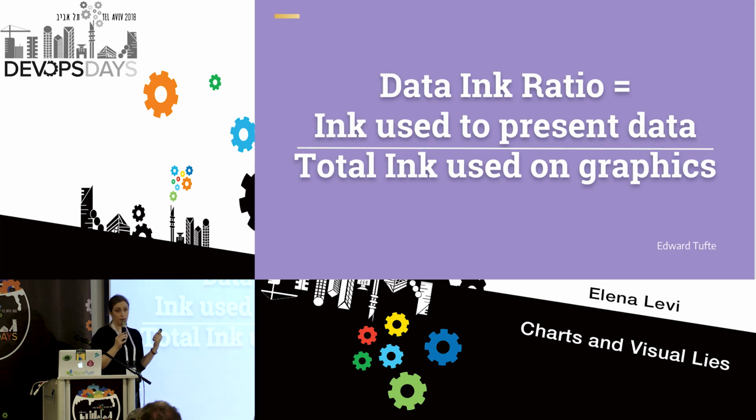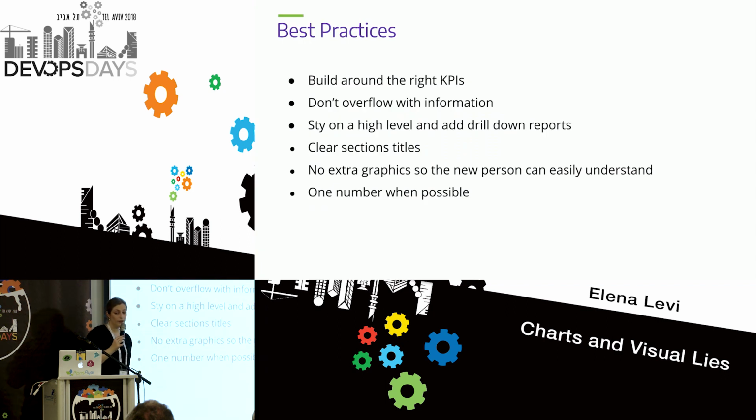There's actually a data-to-ink ratio. You want as much data and as little clutter as possible on your dashboard or charts. Very briefly, when you create dashboards, make sure that your dashboard is focused around one KPI or several KPIs, but you know what you're showing, and it has a very clear title, so everybody knows what you're showing.